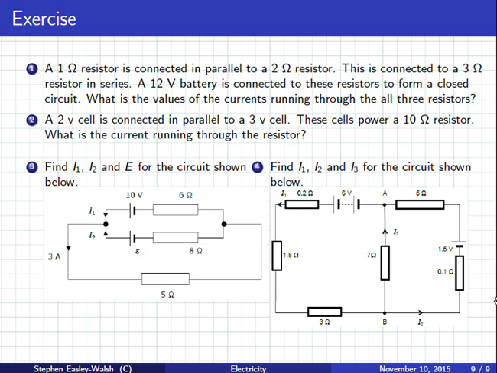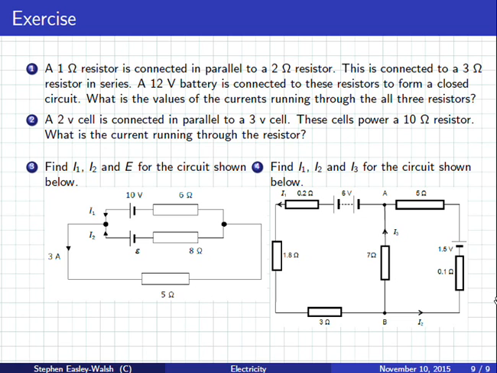I think two of them might be the same. This one has I1 and I2 in it. Are they all different? Yep. Okay. Now, this is just to make my point again, that you usually need the junction rule once, but the loop rule you could need many times.